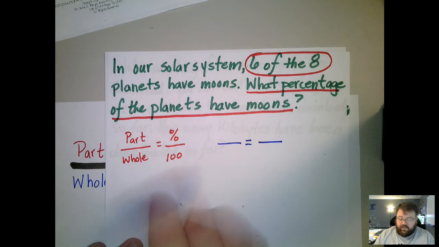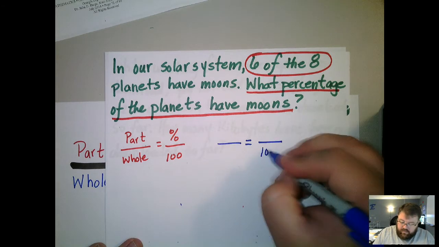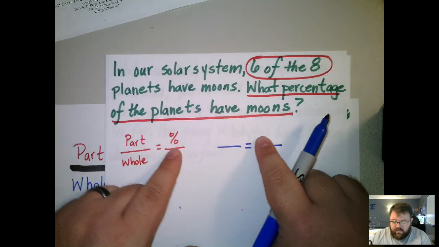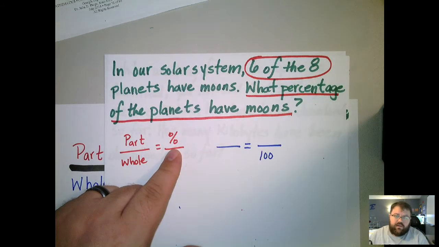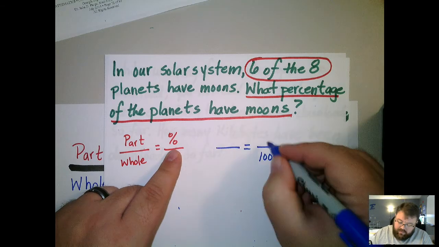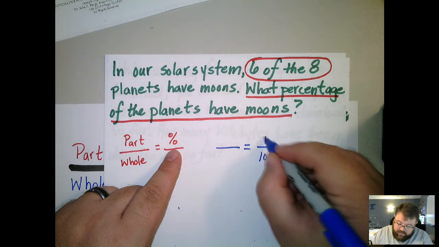I'm going to go ahead and put the 100 in because I automatically know that that's going to be there. Next, I look for percents. Did we have any percent in our problem? No, we didn't. So we automatically know that that's where my variable is going to be. I'm going to put a P here.